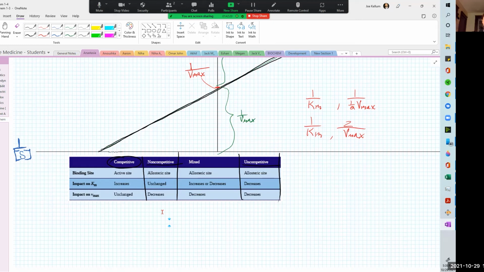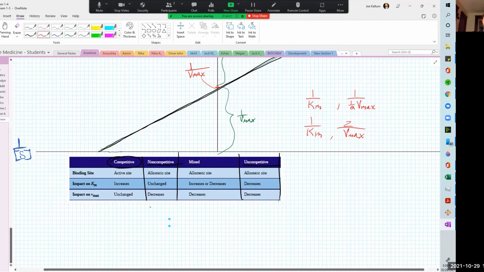Either way, it induces a change in the actual conformation of the enzyme. So I'm just going to write: binds to the enzyme substrate complex as well as just the enzyme, and that's about the same. That's really important because it allows you to predict what's going to happen to both Vmax and to Km.